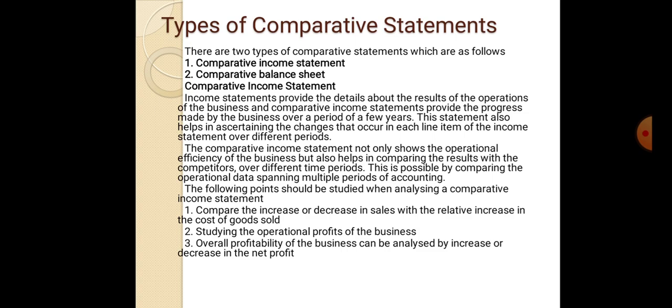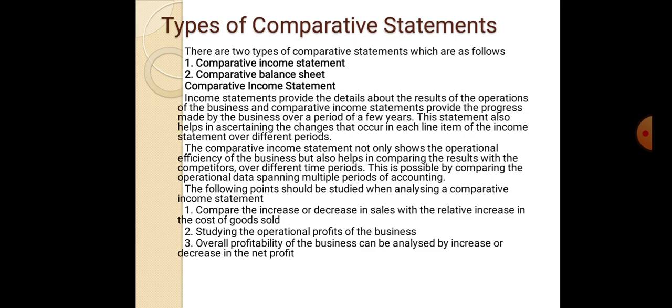Naturally, income statements provide the details about the results of operations of a business, and comparative income statements provide the progress made by the business over a period of few years. This statement also helps in ascertaining the changes that occur in each line of the income statement over different periods.